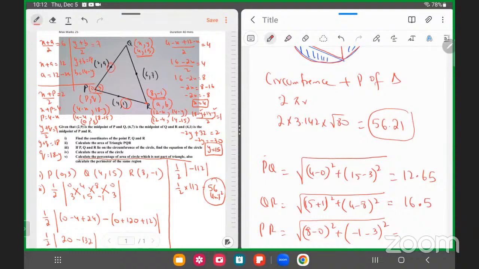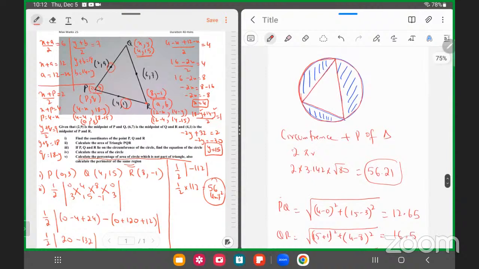The requirement of the question is to find the perimeter of the same region. When I say perimeter of the same region, I mean perimeter of this shaded region, and perimeter of this shaded region. So it is the perimeter of circle, that is circumference of the circle, and outer boundary of the triangle.